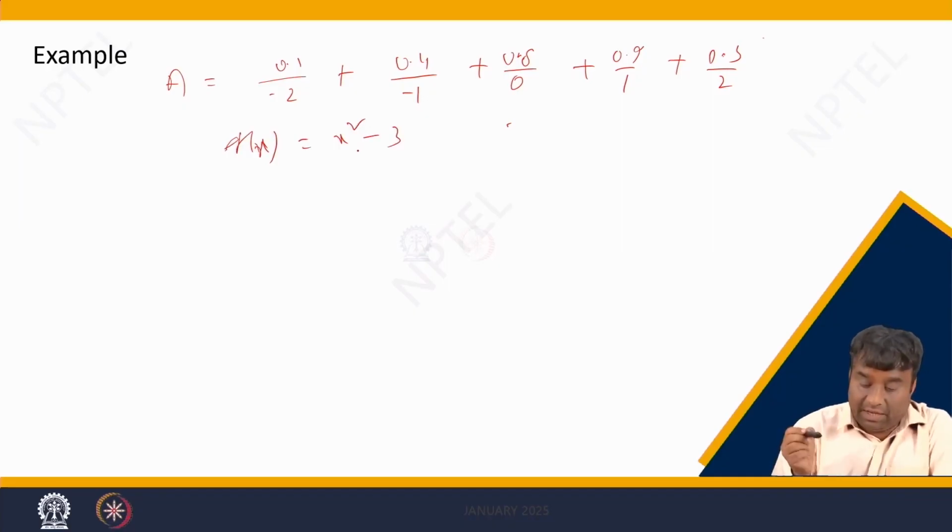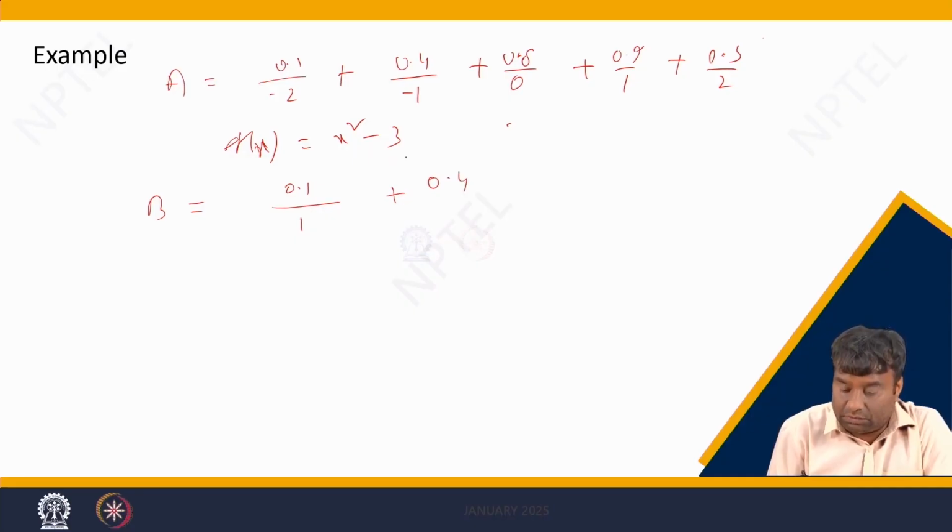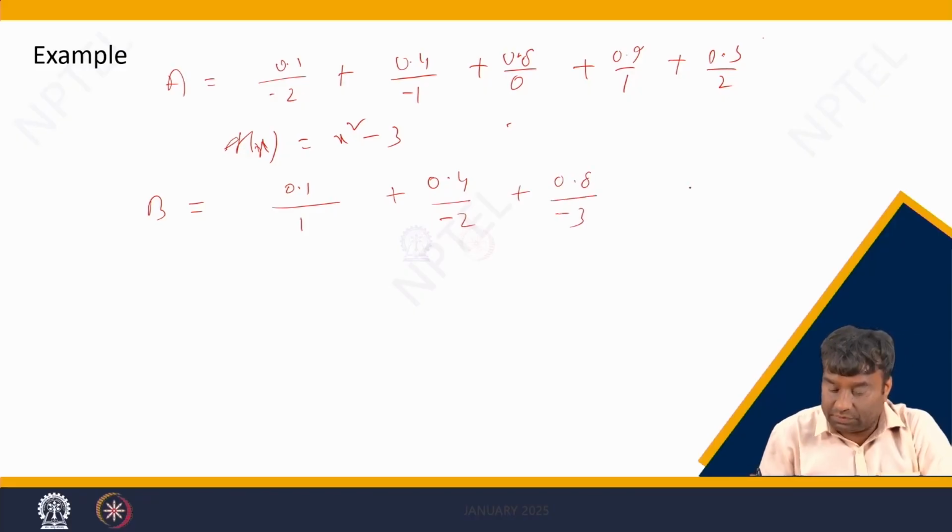So here B will be 0.1 by, for minus 2, 4 minus 3, you will get 1. 0.4, you will get 1 minus 3, so you will get minus 2. 0.8, you will get minus 3. 0.9, you will get minus 2, and 0.3, you will get 1.